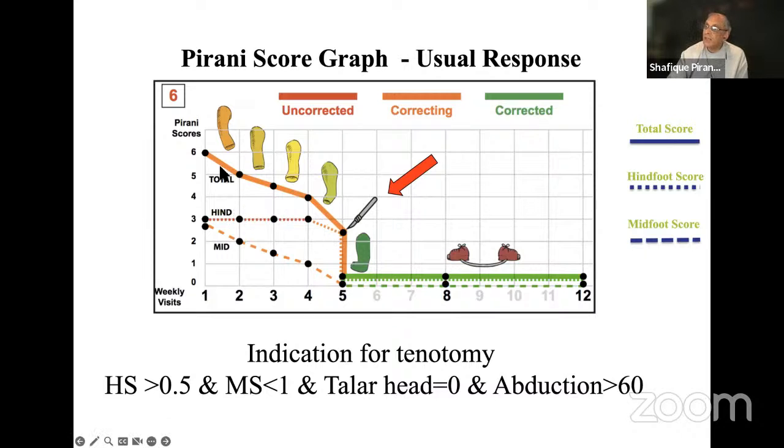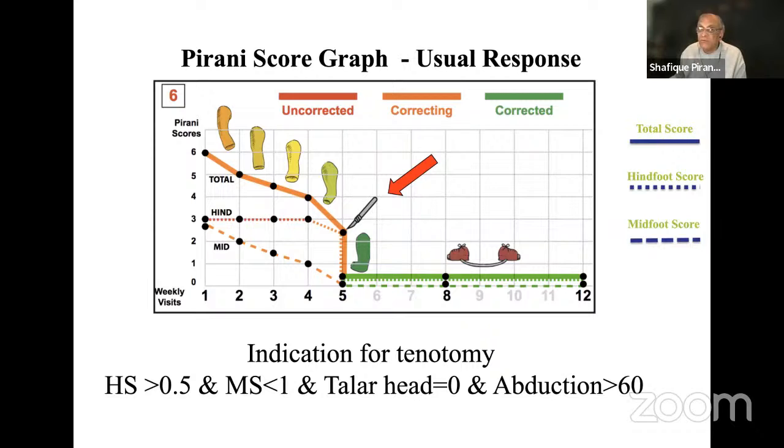But in approximately 10% of cases, the hindfoot correction happens at the same time as the midfoot correction. In that situation, if this line is going down like this, then there is no need for the tenotomy. So that's the way I tell. And in fact, if you go back and read Dr. Ponseti's book, he wrote that you can do full correction without the tenotomy.